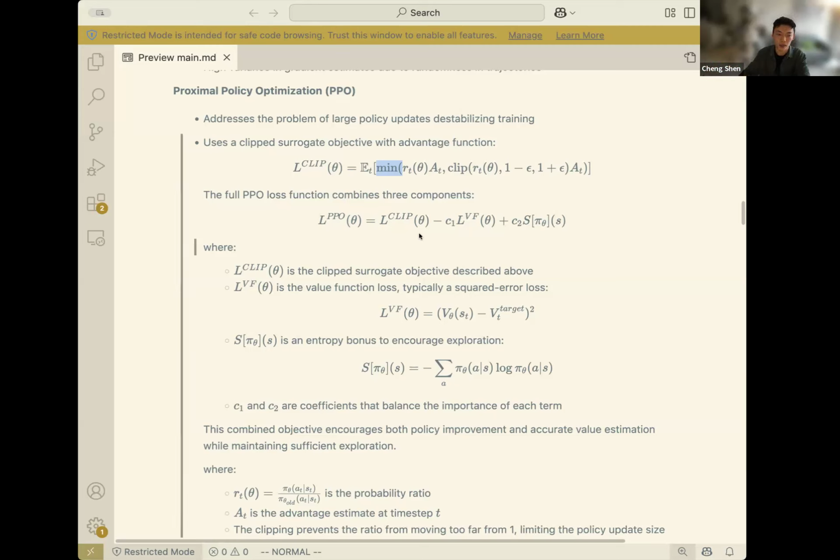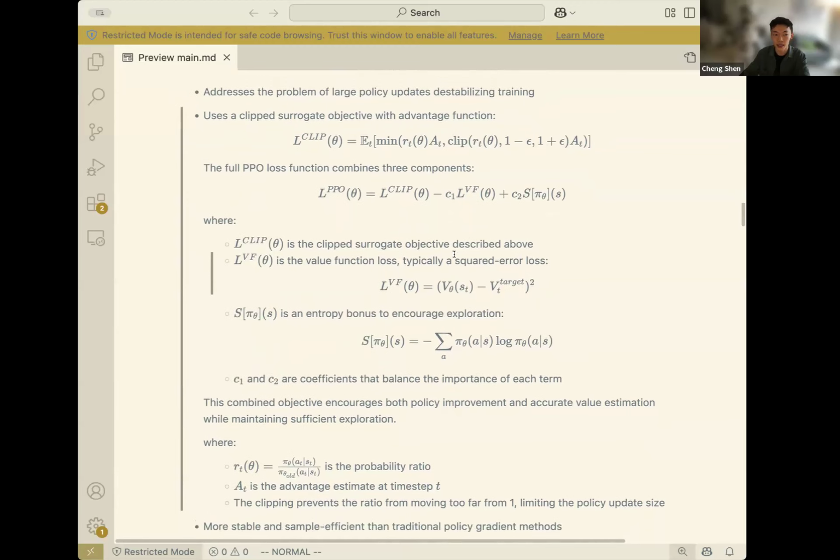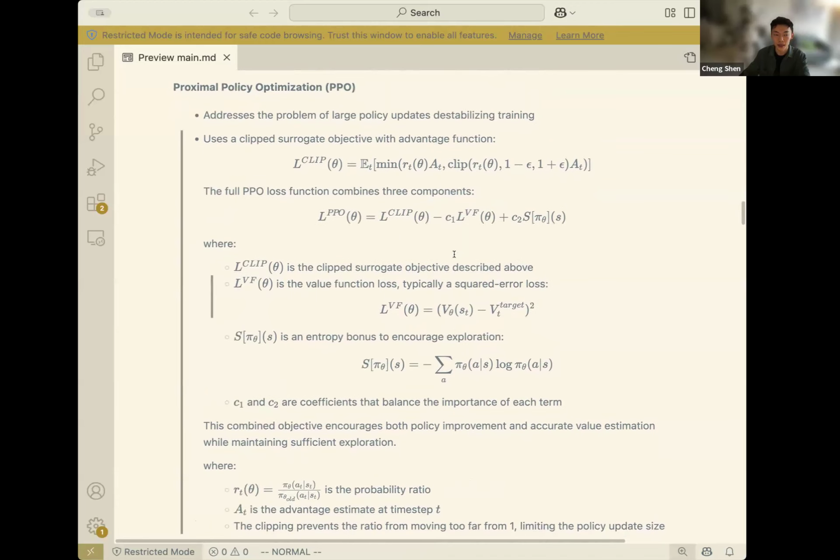So a lot of these reinforcement learning algorithms try to stabilize the process. This is the idea of PPO. It came out before large language models became a thing, and PPO was applied to RLHF, I believe in GPT 3.5.